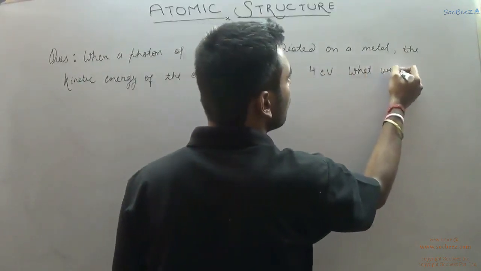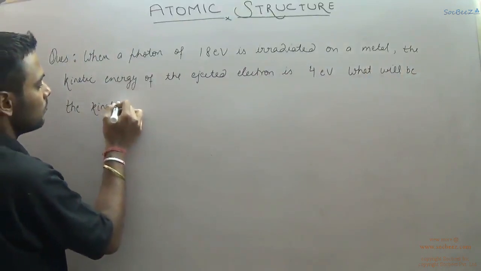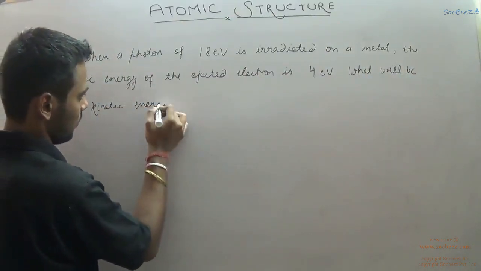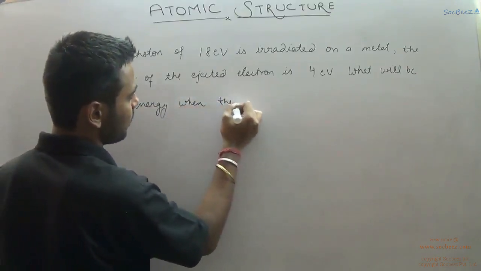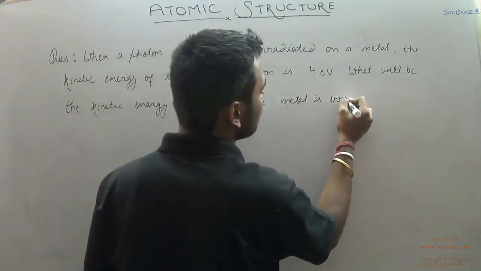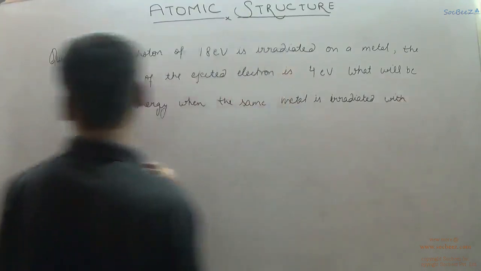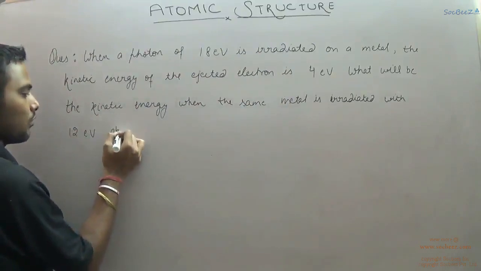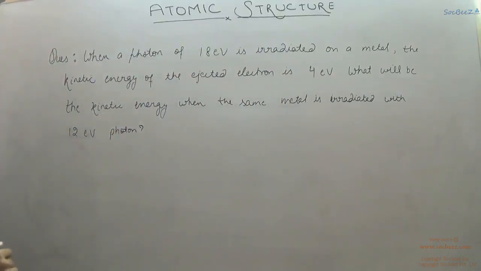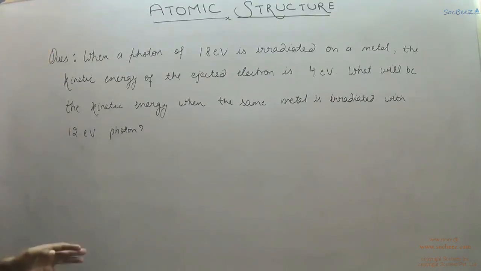What will be the kinetic energy when the same metal is irradiated with a 12 electron volt photon? Okay, so this is the question.